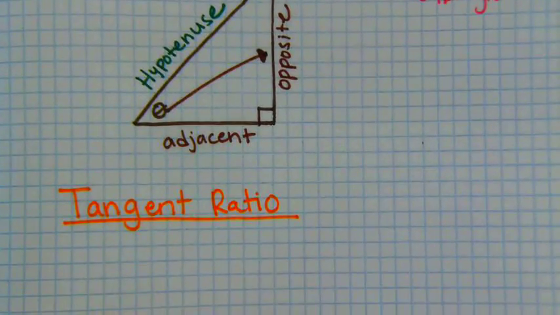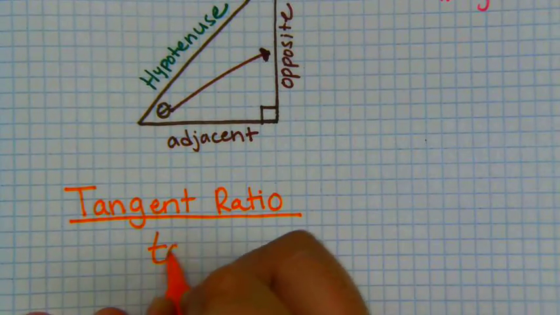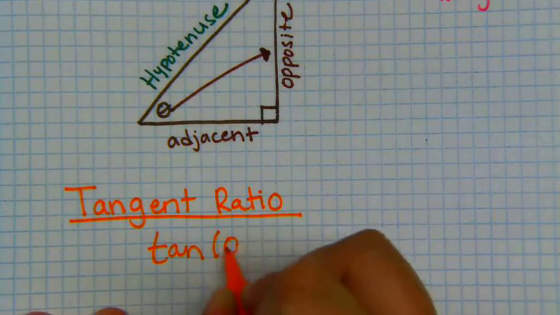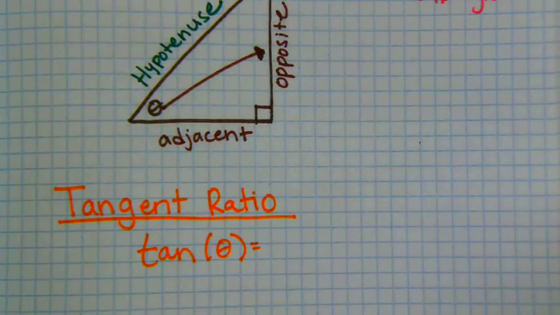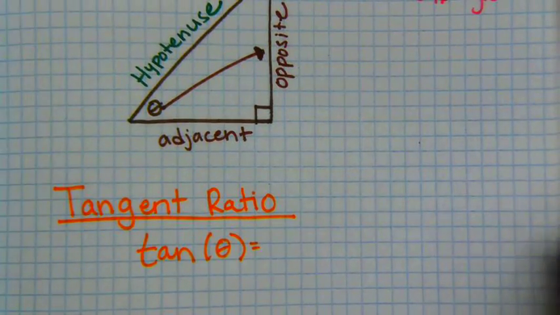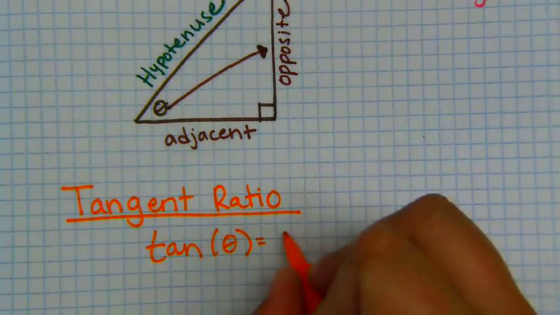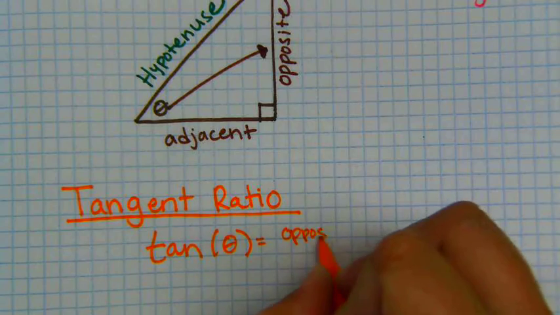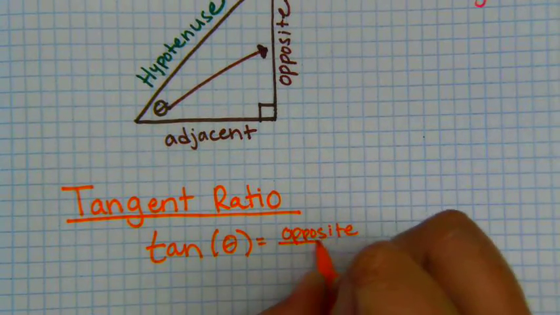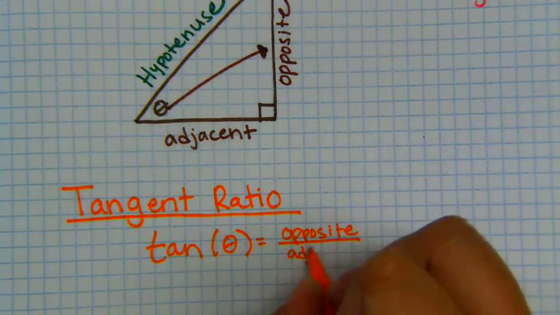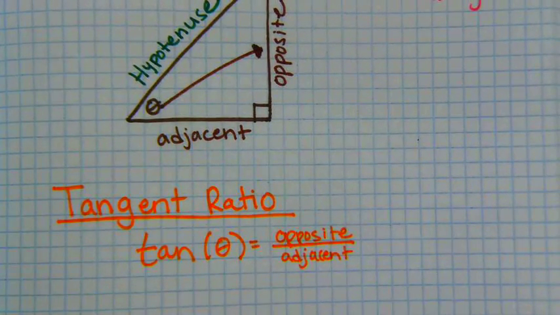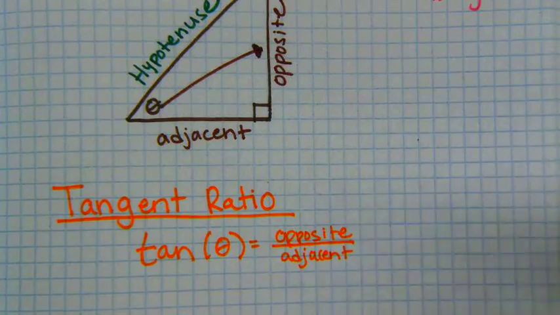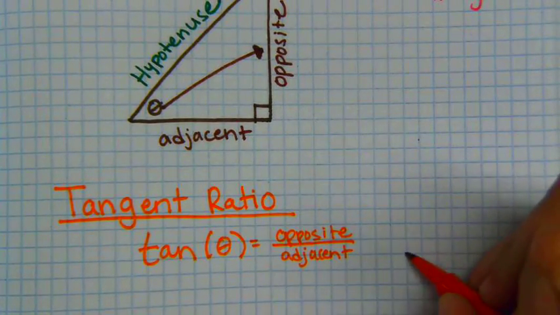And we write tangent as tan of theta. And that's going to equal opposite over adjacent. And then I just want to draw it so you can see what's going on.